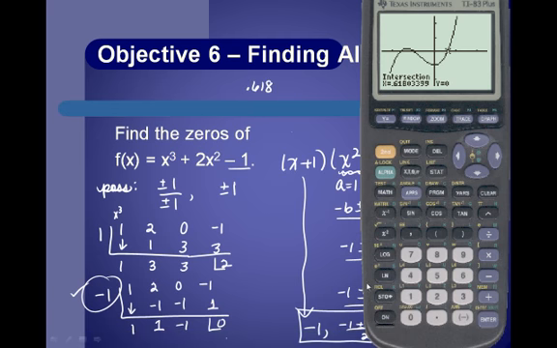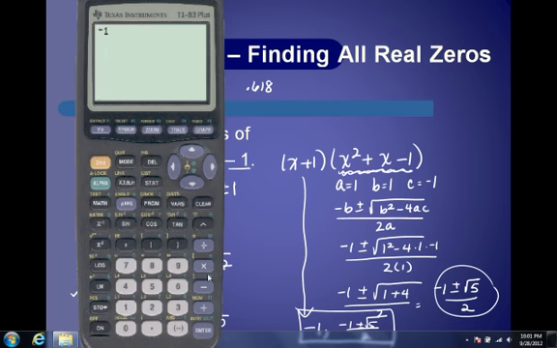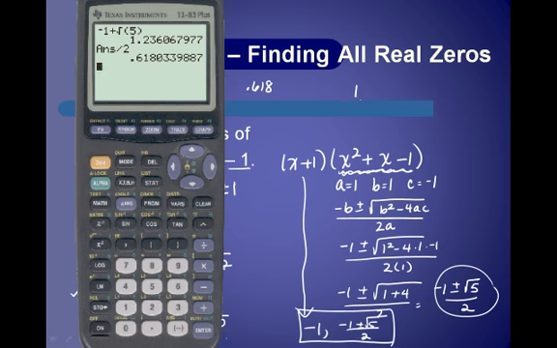Well, just to check the numbers that we got, -1 plus the square root of 5, let's get an answer for the top, divided by 2. There is our 0.618 number, so I would safely assume that we are correct.